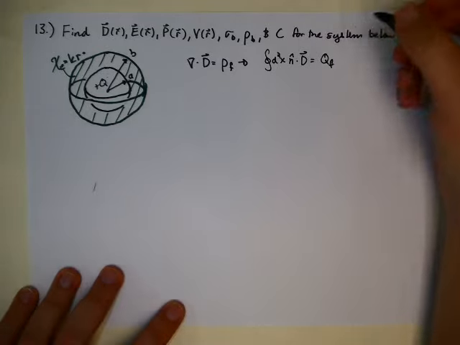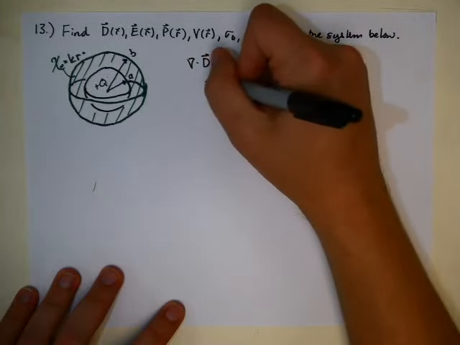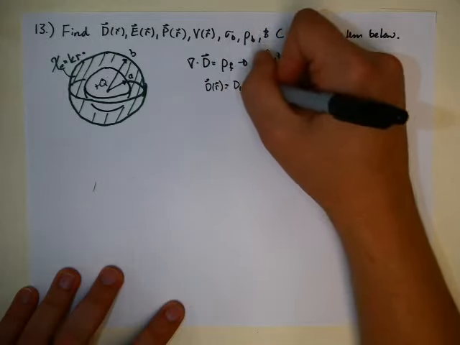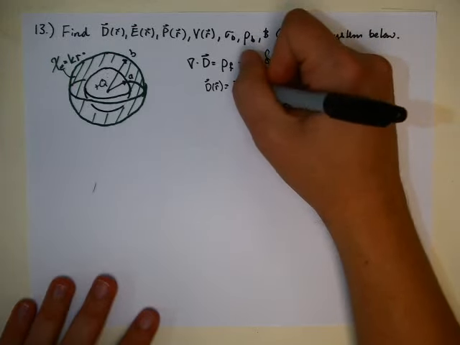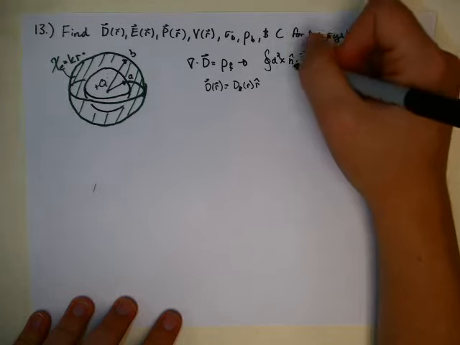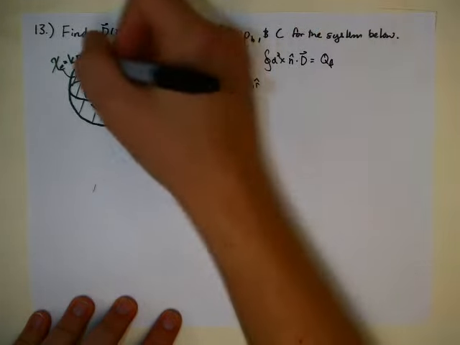And then the final trick is to realize that because of the symmetry, this D of r has to be only in the r direction, so D is a function of r in the r hat. Evaluating that, n hat is always going to be r hat for any spherical surface.